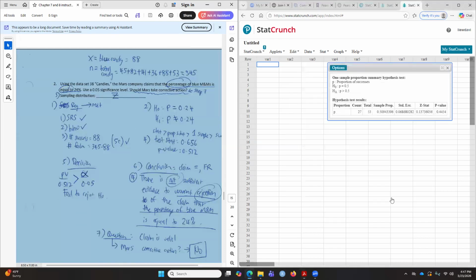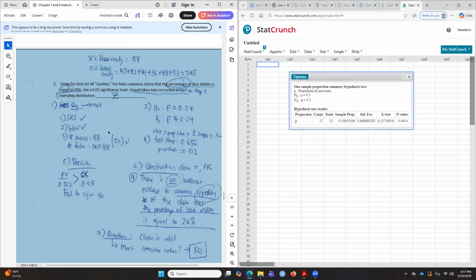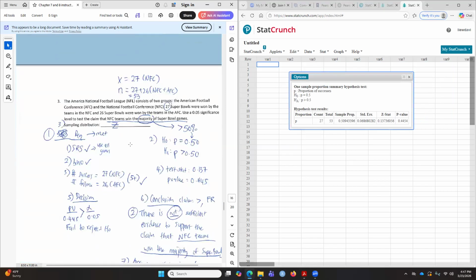When you hit compute, you will get this. The first thing you notice is they give you the null and alternative hypotheses, which will match the null and alternative hypotheses you did in step 2. The p-value is given as 0.445, and the test statistic is 0.137, which is next to it.